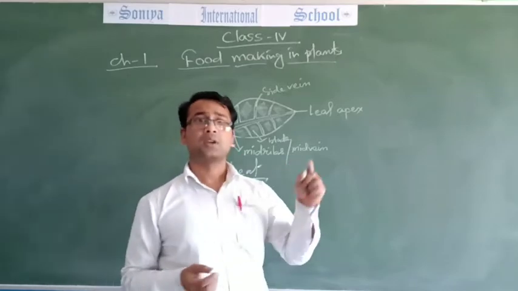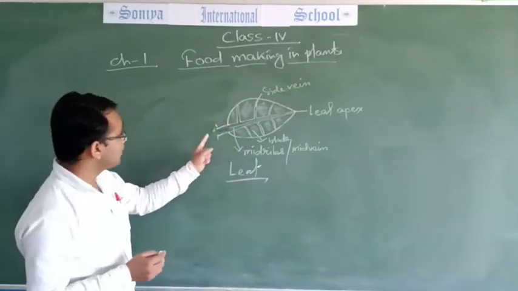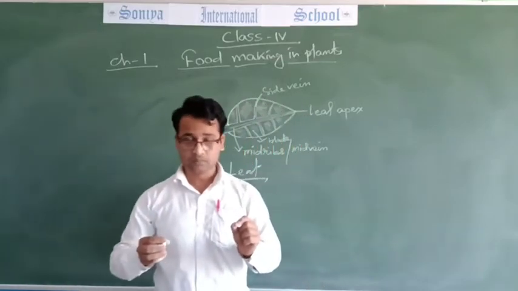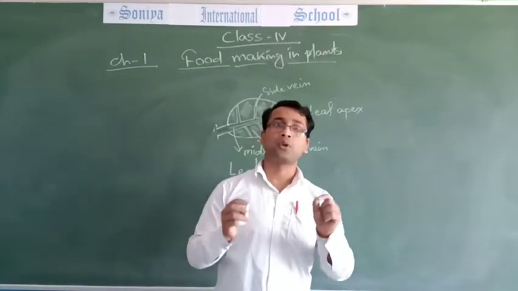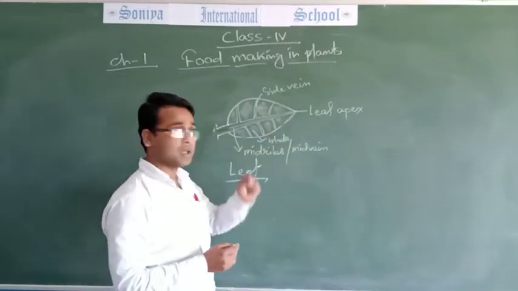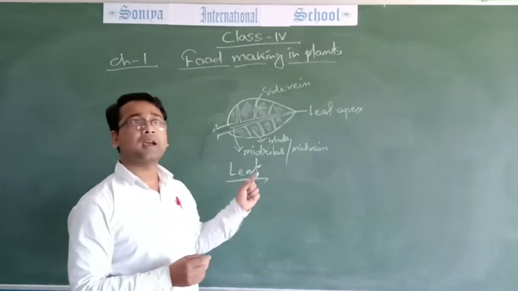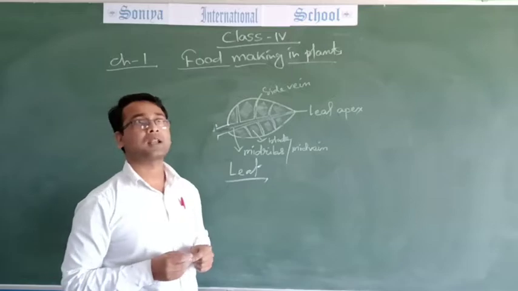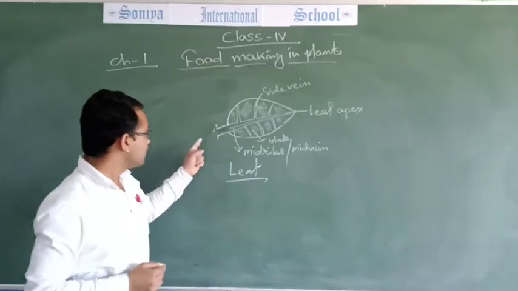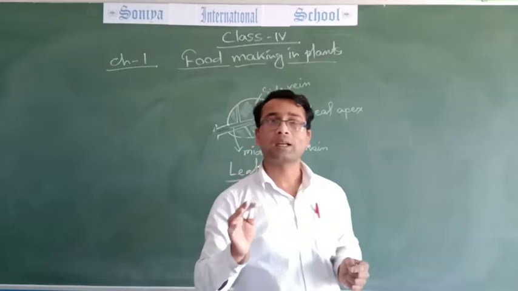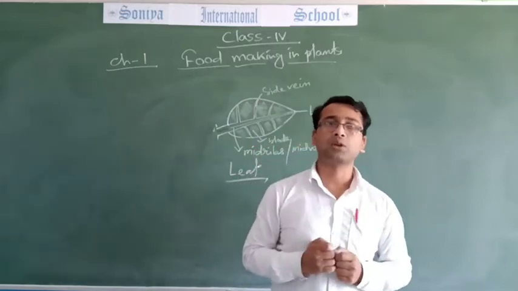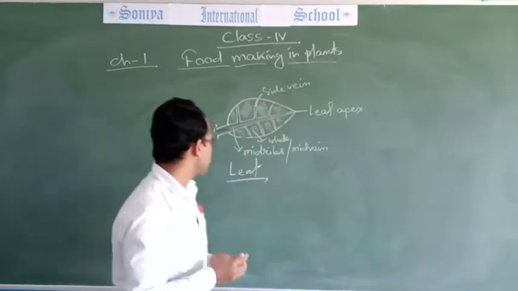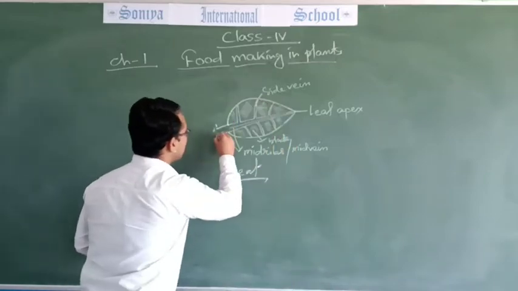Green leaves make food in the presence of chlorophyll and sunlight, using water and carbon dioxide. How? Draw a picture.